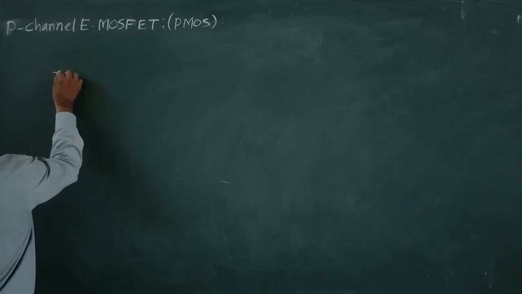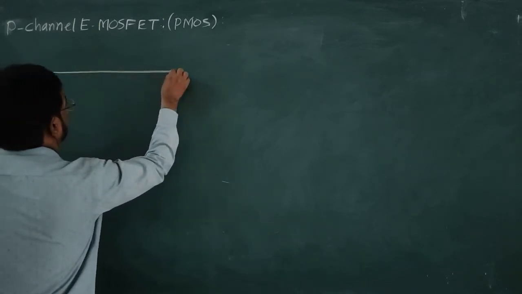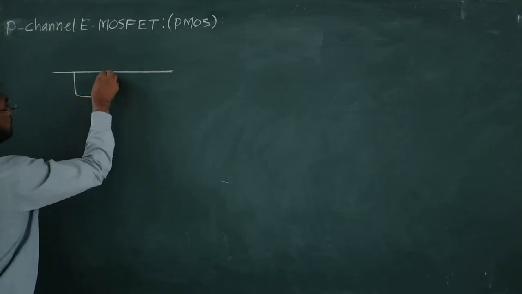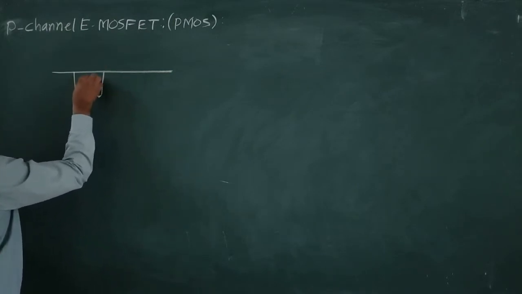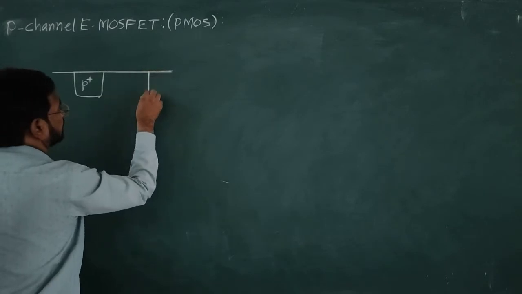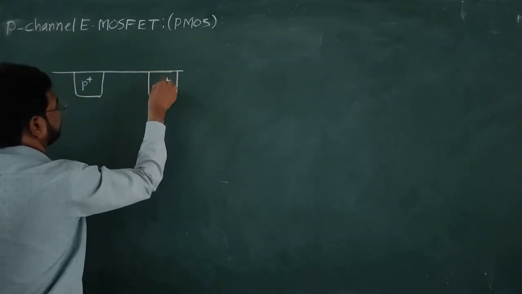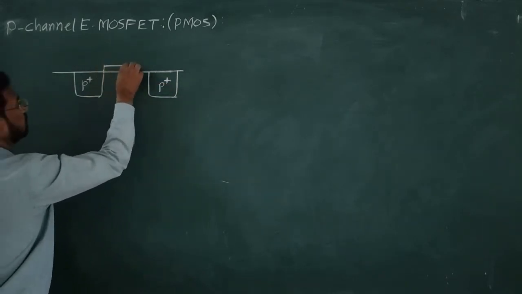First, we will begin with the construction diagram. So, we have P plus regions as source and drain in PMOS. So, P plus constitutes two regions, source and drain.